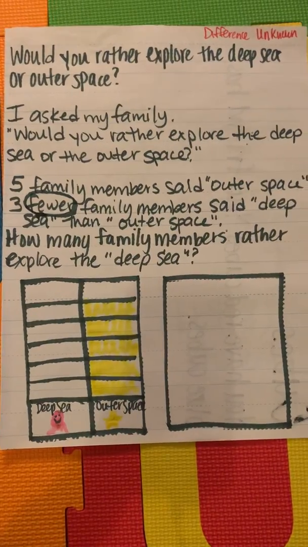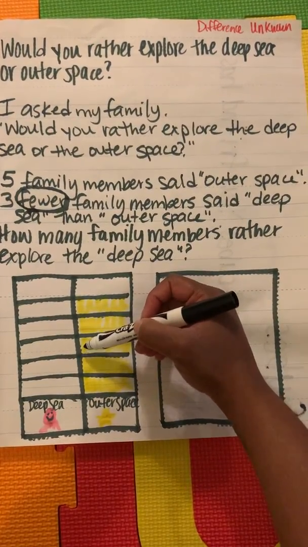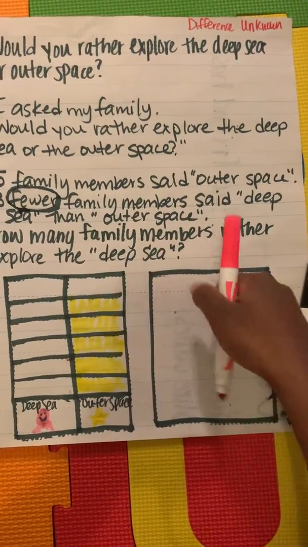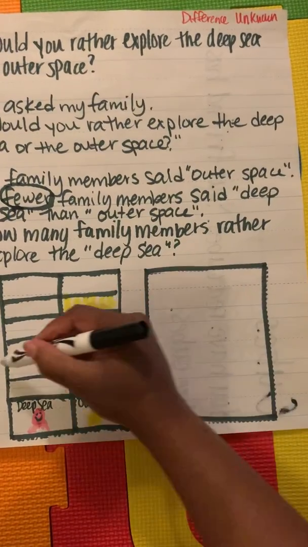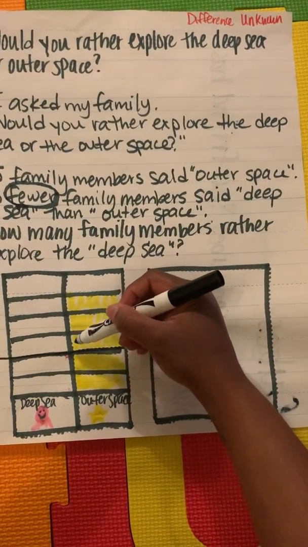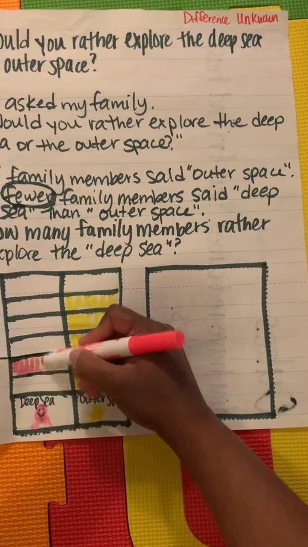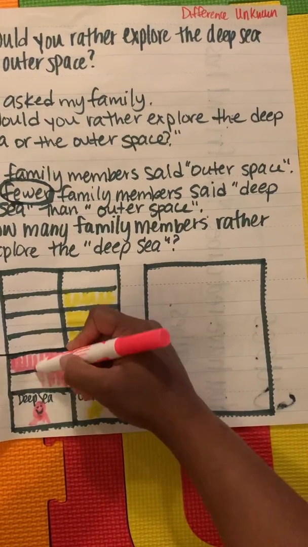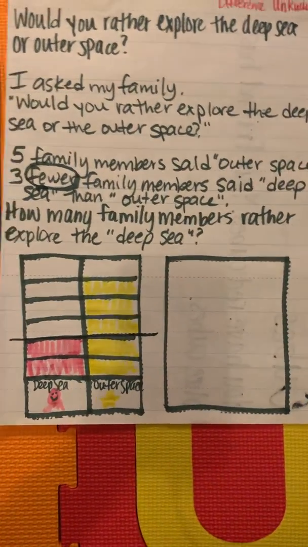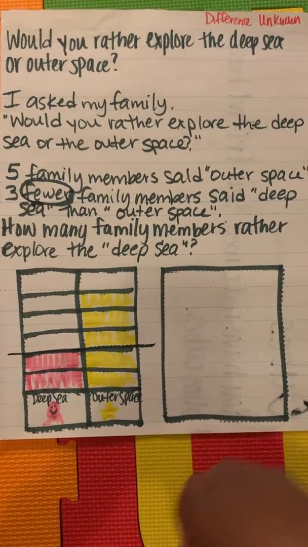So 3 fewer. 1, 2, 3. That leaves me with 2. Because that is 3 fewer. 3 fewer will leave me here. 1, 2, 3. Go down. And that will leave me with 2. 2 people wanted to explore the deep sea rather than the outer space.